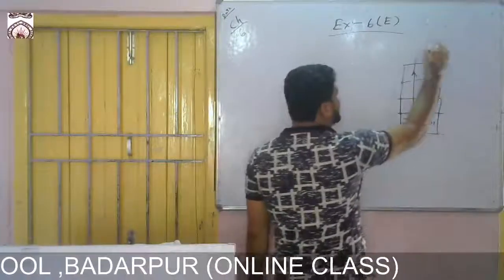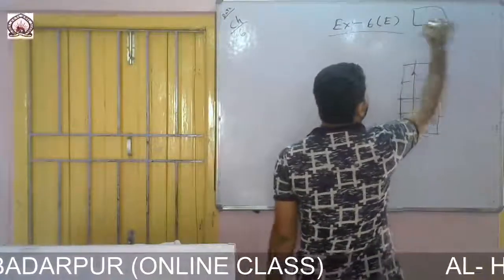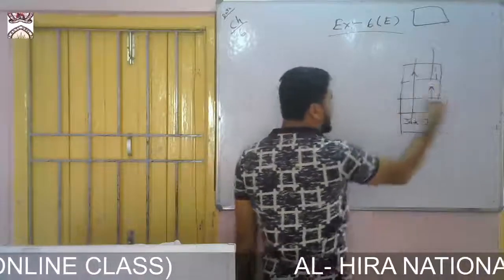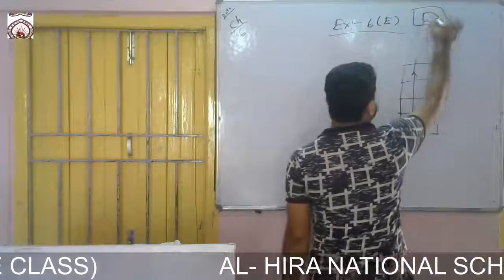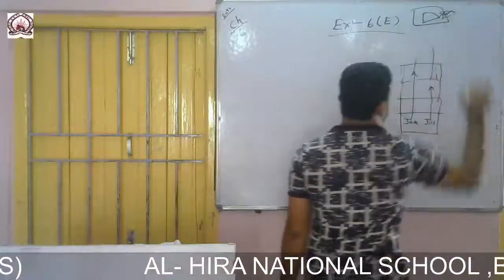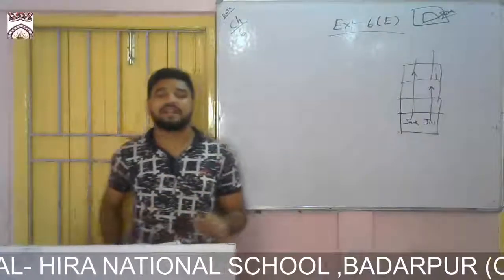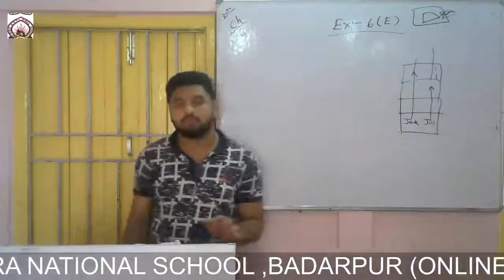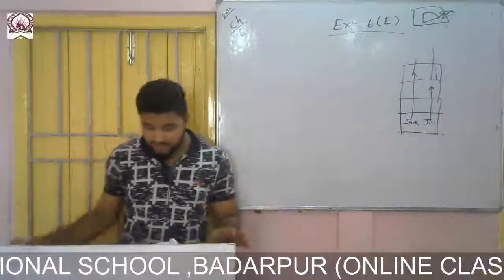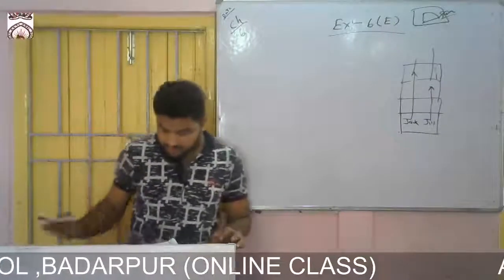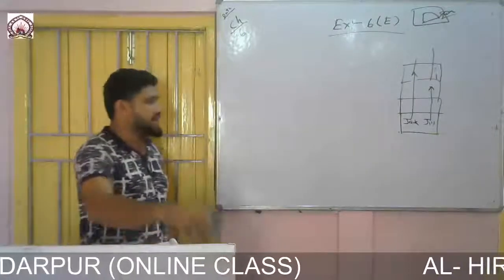So the question asks at what jumps both of them will land on the same tile. So it is nothing but the LCM of these two jumps, that is 2 and 3. So right.